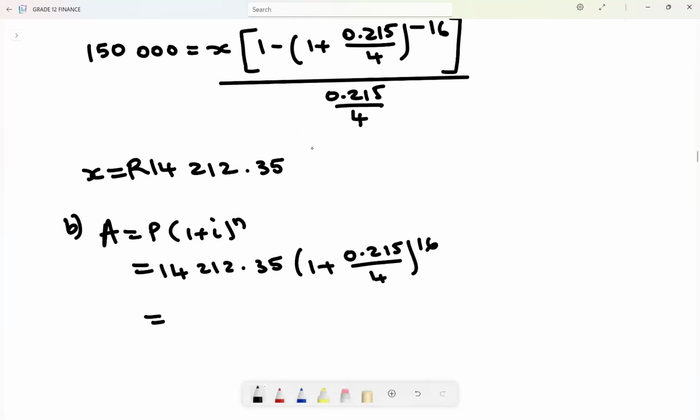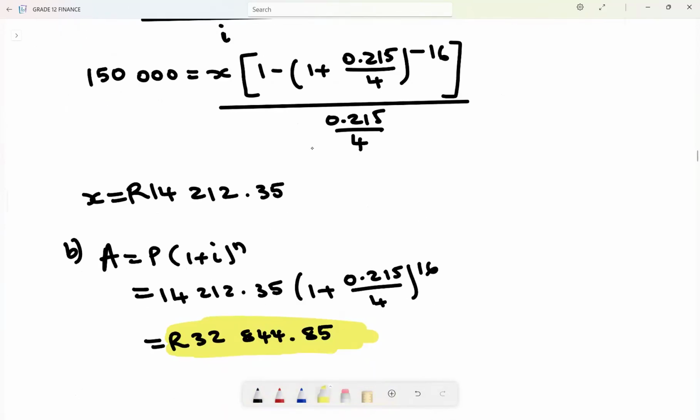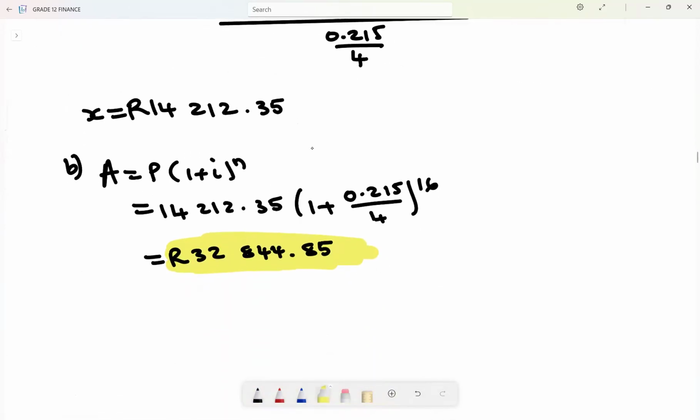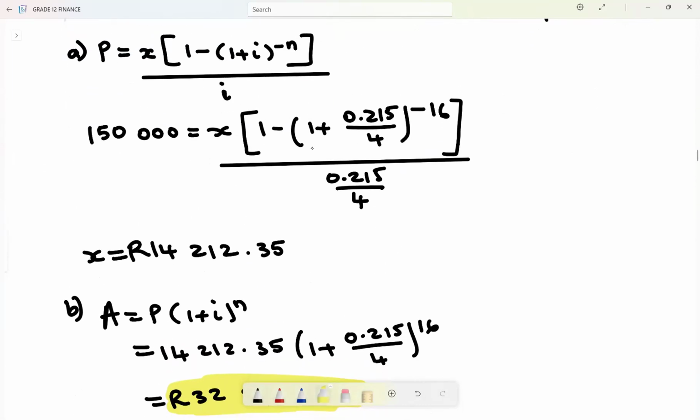So in actual fact, it's going to be 332,844.85. This is the money that at the end of the 4 years of that loan he will pay. But remember, the initial loan was, there's something that I did here.